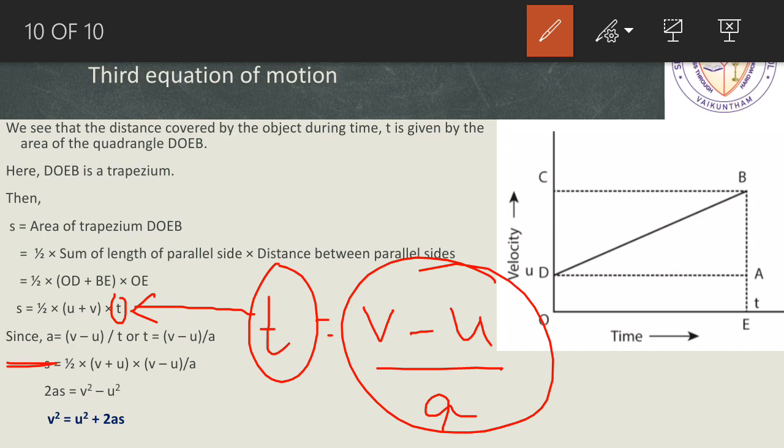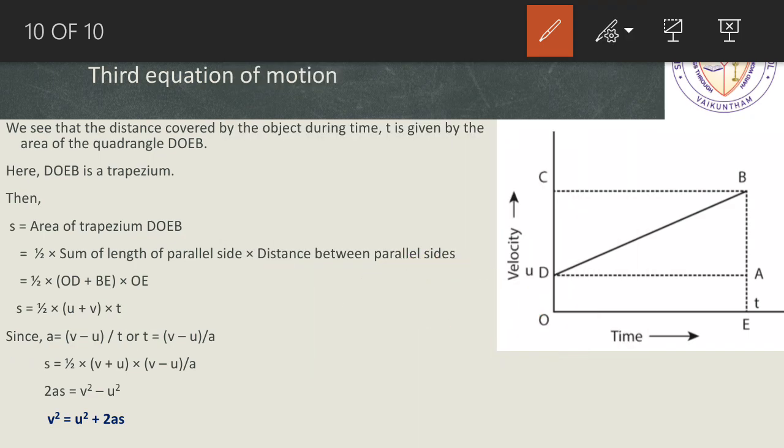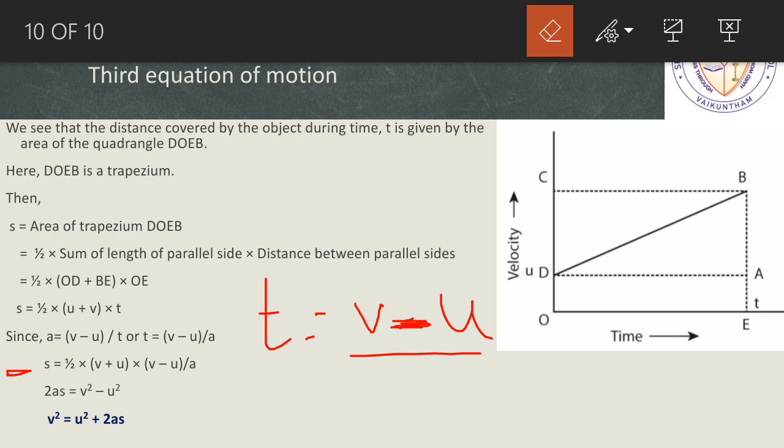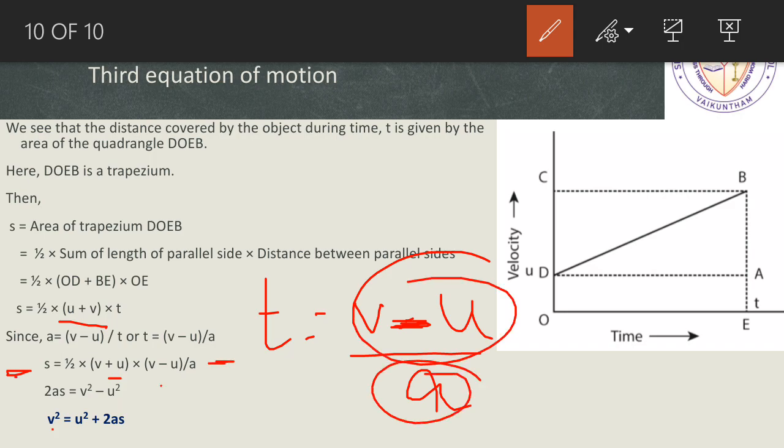Therefore, here you can see this one, instead of writing T, we are writing it as V minus U by A. So S is equal to half into, already V plus U is there, we have written U plus A into, instead of writing T, we will write V minus U divided by A. Okay, so that is what this is.